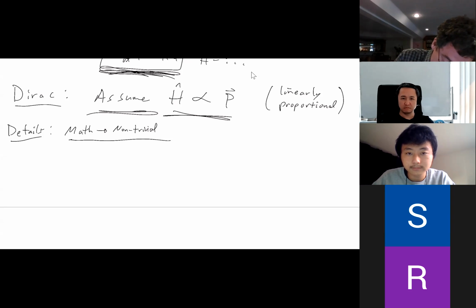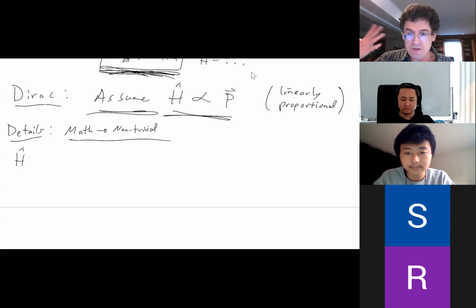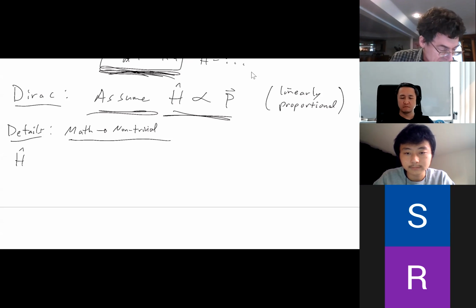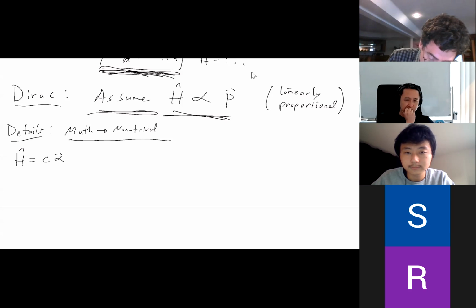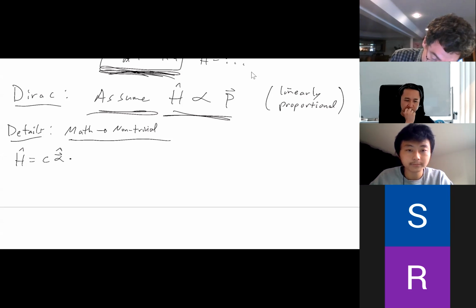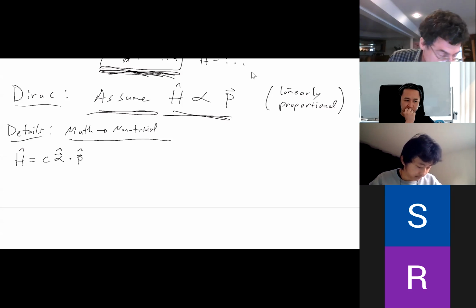So what Dirac said was, if we make this assumption that the Hamiltonian is proportional to the momentum of a particle, then let's write the Hamiltonian in this special way. To get the units correct, let's put a little c there, the speed of light, and let's create alpha. Alpha is basically just the proportionality constant. To get all the units and dimensions right, it's an operator, and it's going to dot the momentum, which is also an operator.